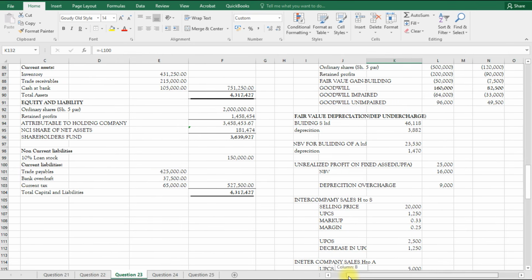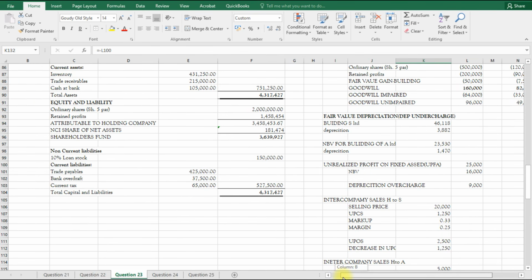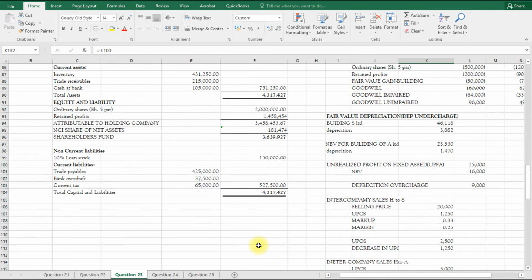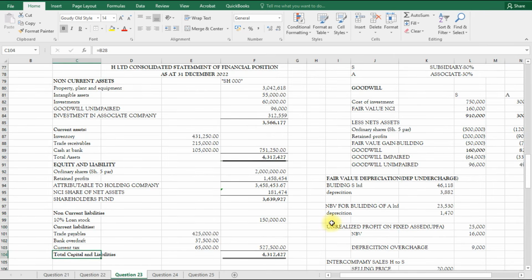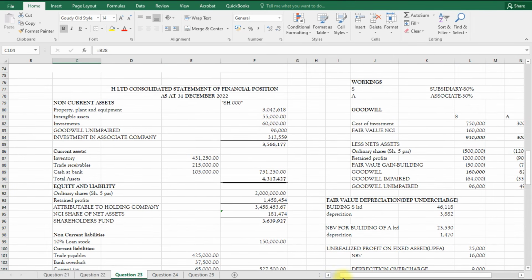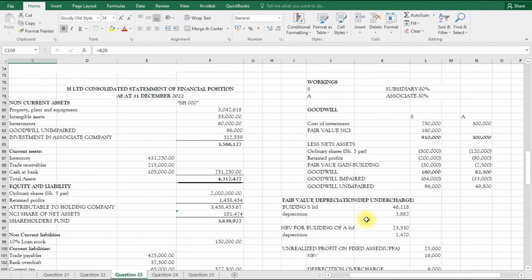And that's how this particular question, it was a long question, as you can see so far you have taken almost more than an hour doing this, and that's how the question was supposed to be done for you to get your 20 marks. So we have our workings on this end.